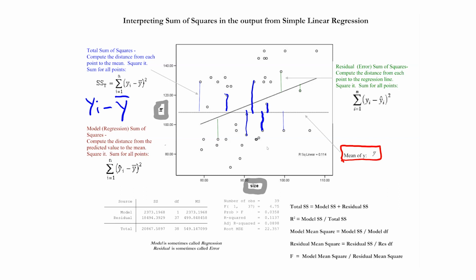Now, some points are above and some points are below. So what we do is we square it, and this will turn everything positive. And you can think of it conceptually as how much blue ink I need to use in order to connect all the points to the mean.